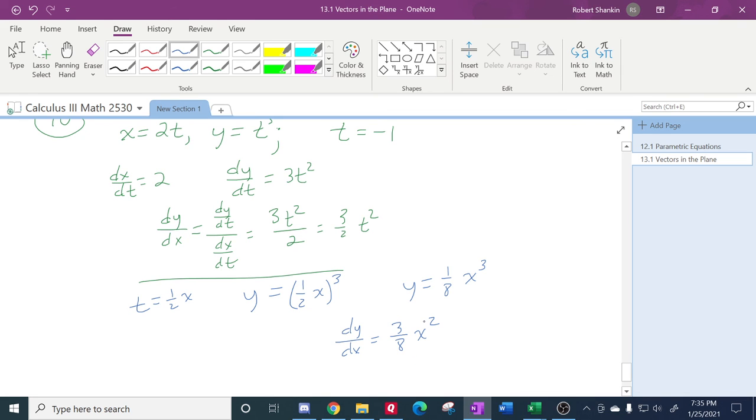Now, let's go back and put the x in. But the x was 2t. Oh, that's the step I was missing.